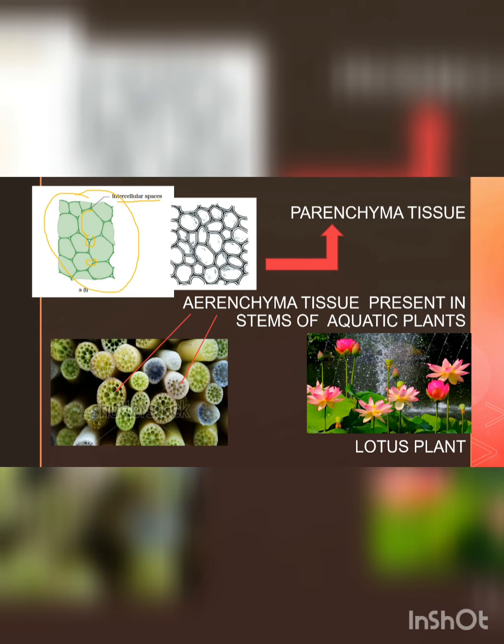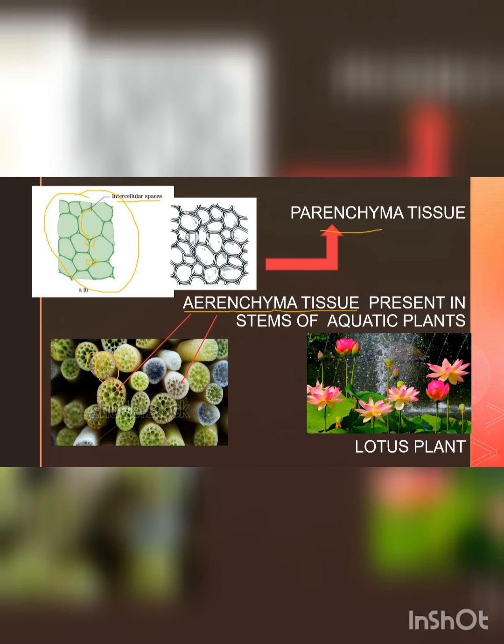The parenchymatous tissue which contains chlorophyll and performs photosynthesis is known as chlorenchyma. The second one is aerenchyma tissue. What is this aerenchyma tissue? It is a type of parenchyma tissue which contains small pores.